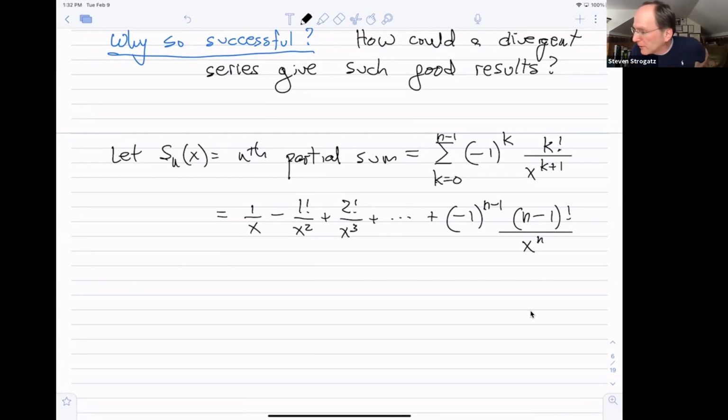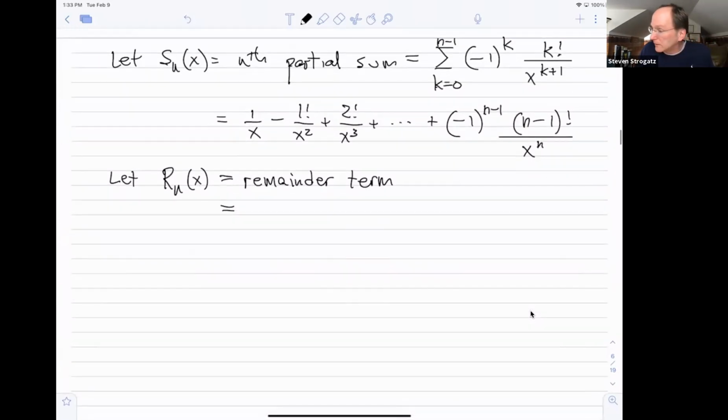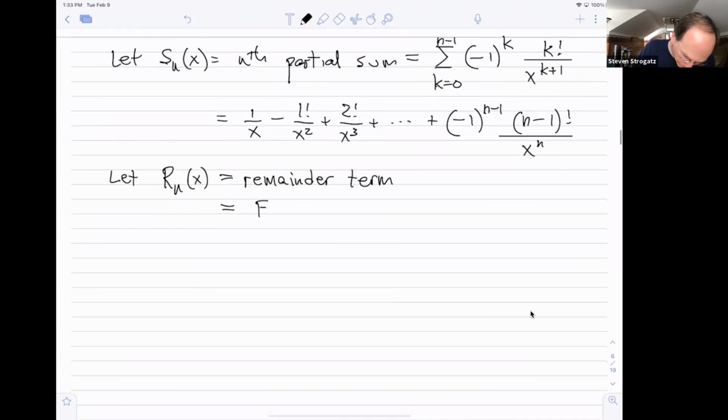And then the remainder is going to be everything else in f of x after we subtract off Sn. So let Rn of x, the remainder term, be defined as f of x minus Sn of x. By the way, Bender and Orszag's book uses different notation for this.